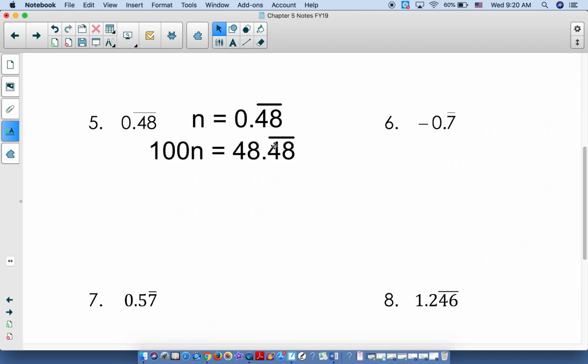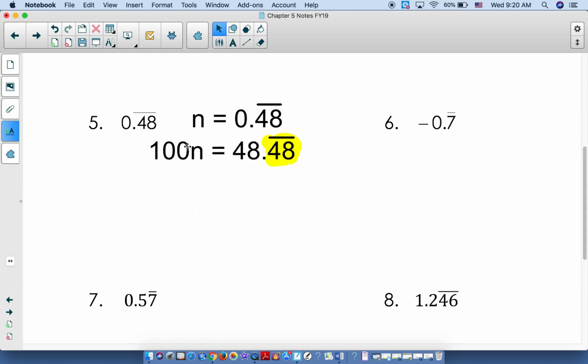From here, like I said before, I don't want repeating decimals. So if I want to get rid of this 0.48 repeating, then I would basically want to be subtracting that. So what I'm going to do to both sides is on this side, I'm going to subtract an n, because n, like we stated up here, n represents 0.48 repeating.